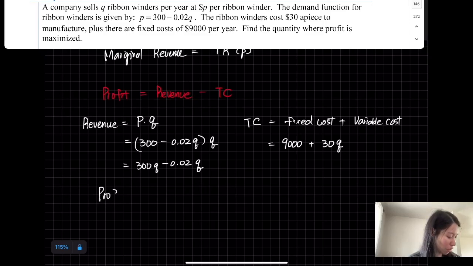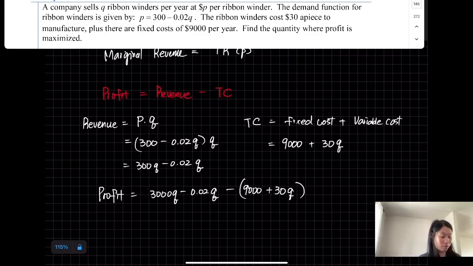Our profit is equal to our revenue minus the total cost. Sorry, this should be Q squared. After you simplify, I get negative 0.02 Q squared plus 217 Q minus 9,000.